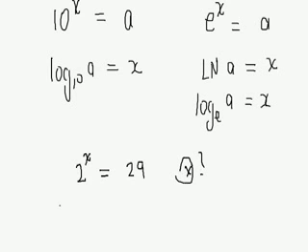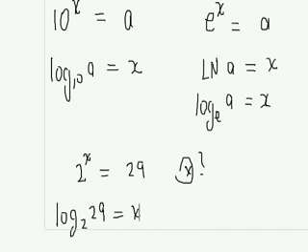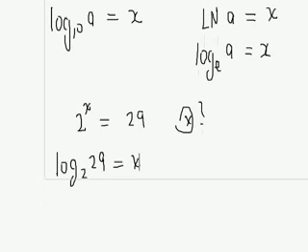But let's just look at the general form. If I could express this in the general form with log to the base 10, you could say, look, log to the base 2 of 29 would give us x. So you'd say, log to the base 2 of 29, and away you go and find what x is.